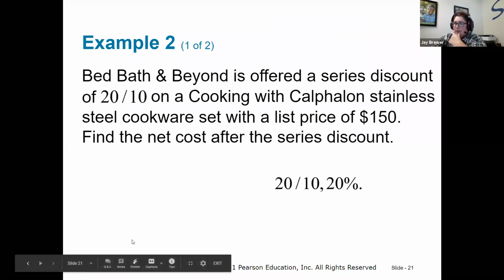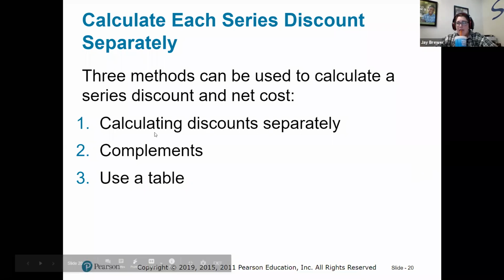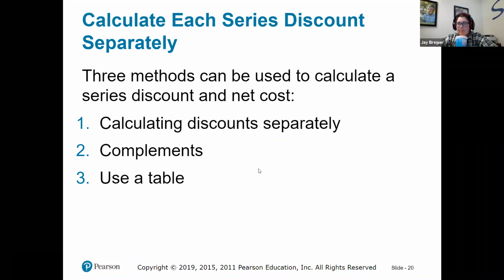I'm going to go back so you guys can write that down. I think I am a fan of number 1 and maybe number 3. I don't really know how I would use number 2 unless the discounts were a weird price. But I do believe they're going to give us a better example, so that's going to be nice.